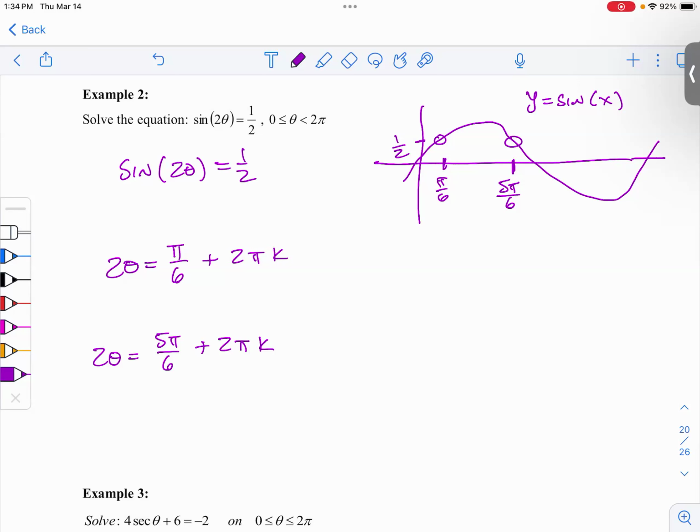Now I basically have 2 equations to solve. Good news, the solving of these is pretty easy as well. Divide everything by 2. Theta equals pi over 12 plus pi k. Similarly, theta equals 5 pi over 12 plus pi k.